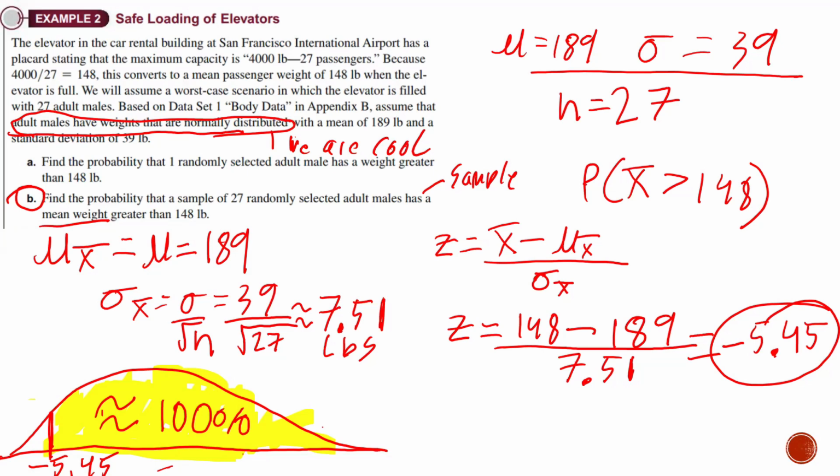Do we get why it's approximately 100%? Because we're looking at the area to the right, and this table gives us the area to the left, right? If you're off the table, you're talking about probabilities that are so low, they're not even worth considering. Yes, you could use the calculator, Mars, but it's not really necessary.